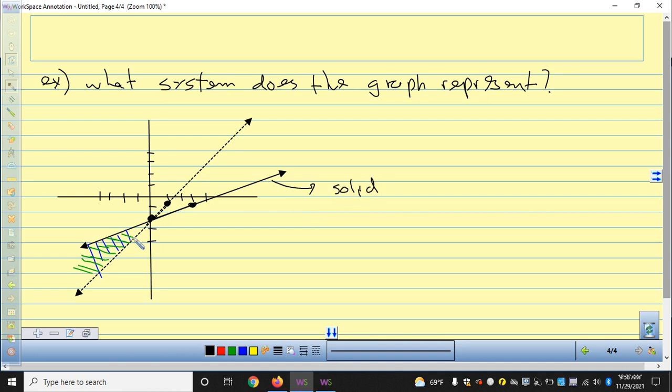And are we shading above or below this line here? We're shading below. So we know that our inequality is going to be less than or equal to. Solid gives us the equal, shaded below gives us less than. So we get y is less than or equal to.